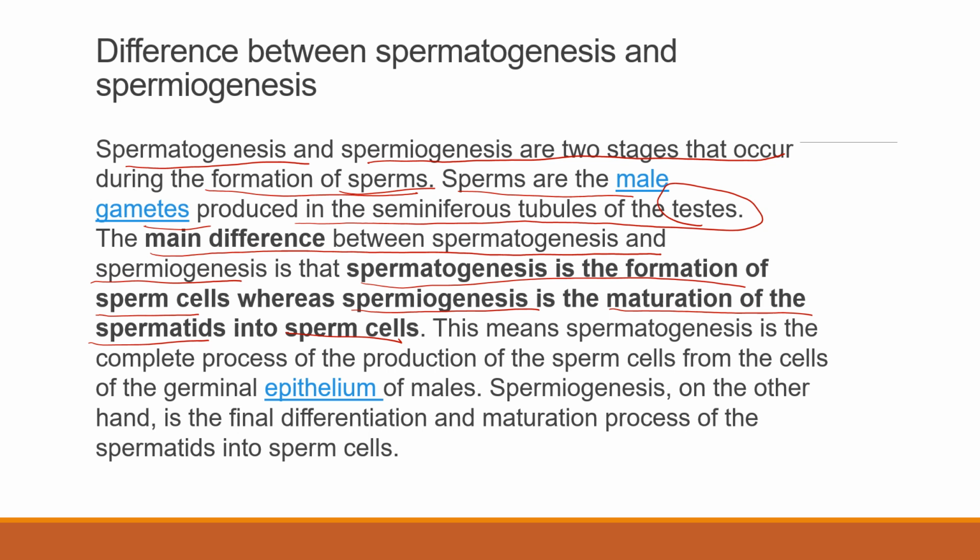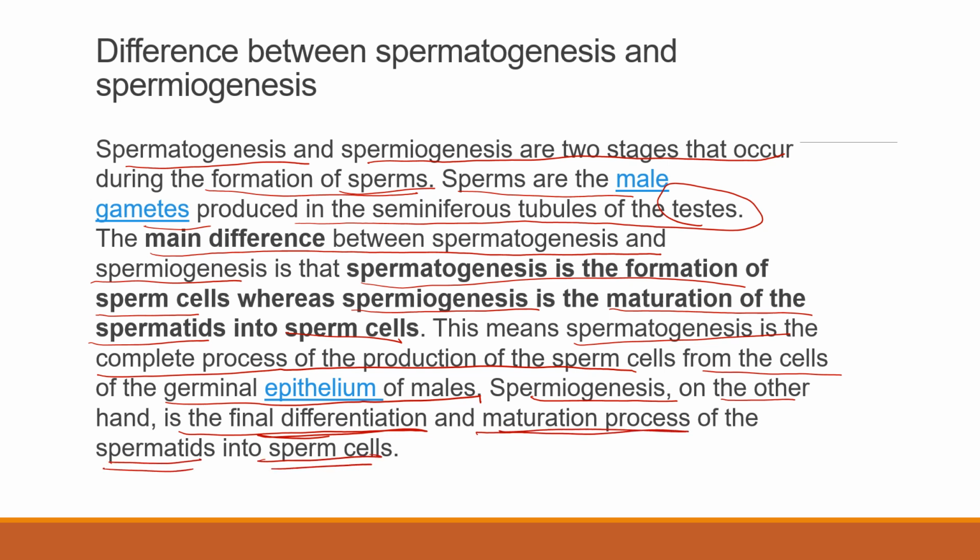Okay. So spermatogenesis is the complete process of production of sperm cells from the cells of the germinal epithelium of the males, whereas spermiogenesis, on the other hand, is the final differentiation stage and maturation process of the spermatids into the sperm cells.